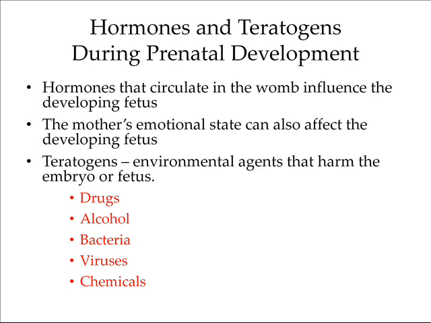These impairments can impact memory, reasoning, learning, attention, and motor performance. How much alcohol is too much? This is a difficult question, with some heavy drinkers having normal babies, and some moderate drinkers having babies with fetal alcohol syndrome. For this reason, women who are pregnant or planning to become pregnant are advised to avoid alcohol altogether.